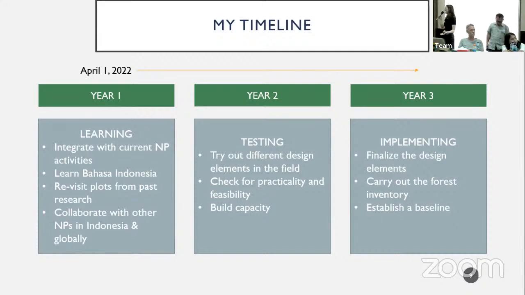If we go back and learn from those plots, that already gives us so much information on changes that have happened in a decade. It also gives us, in this learning phase, tests at data management. How can we assess changes in the future, and what does that look like in terms of data and infrastructure? It is also really important to collaborate with other national parks in Indonesia and globally.